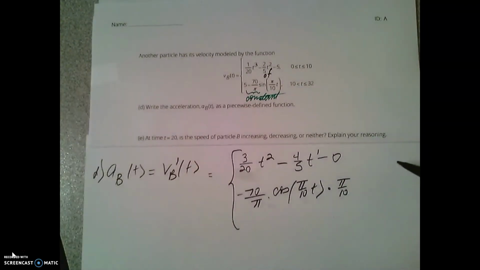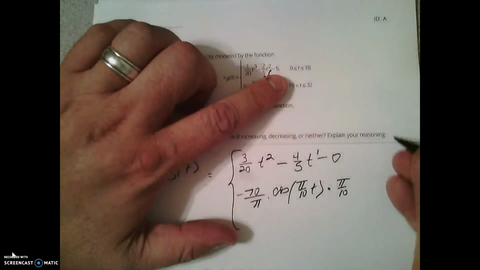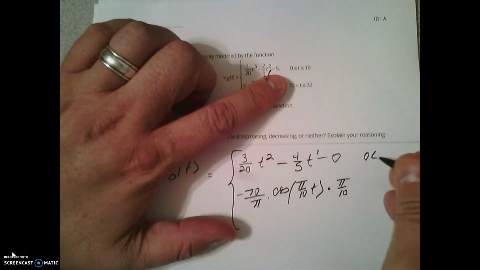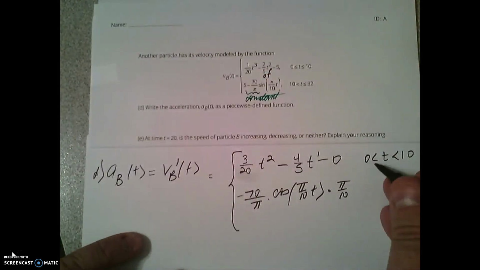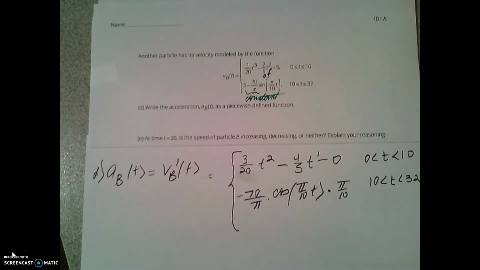For some technical reasons that we really haven't gotten into much in the course, and we're not going to get into much here, when we write the derivative it is only really going to exist on the time intervals 0 less than t less than 10 and 10 less than t less than 32. We would have to analyze the function differently at the endpoints.